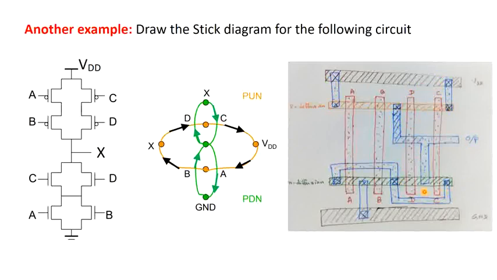I request you, as we have discussed in the last slide, please check all the connections shown in this stick diagram with respect to this circuit. So I hope this gives you a good idea of how to draw a stick diagram for any Boolean function represented using CMOS.